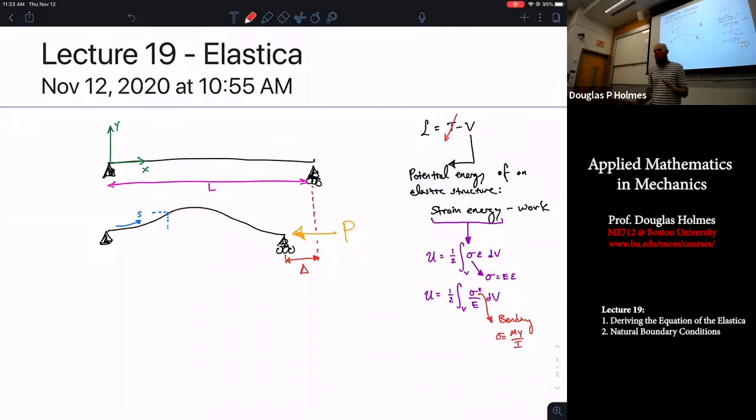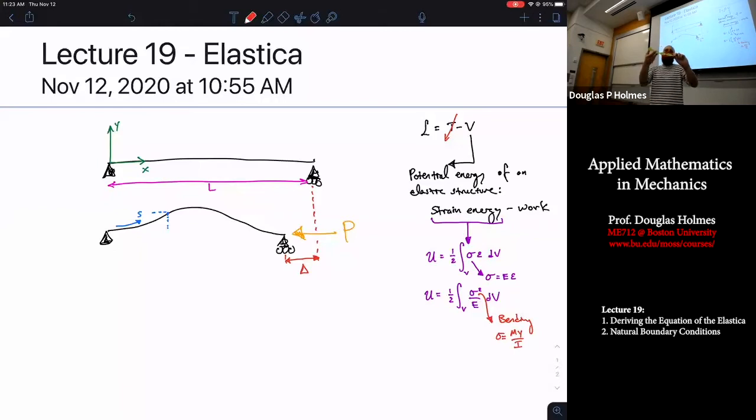Now I skipped a step here that is going to be really important for us to consider in a moment. Because we're saying these in-plane stretching strains are small, what we're really saying is that the total strain energy is going to be the sum of the energy it costs to stretch this thing, the energy it costs to bend this thing, and the energy it costs to twist this thing.